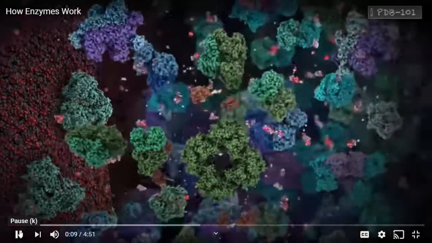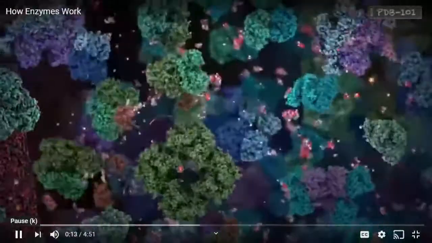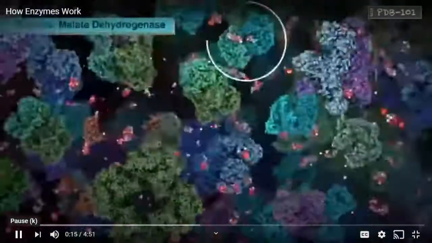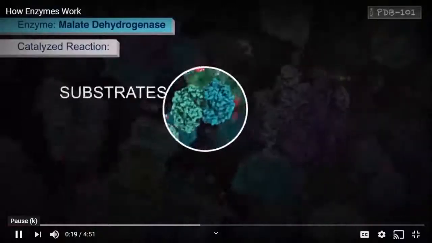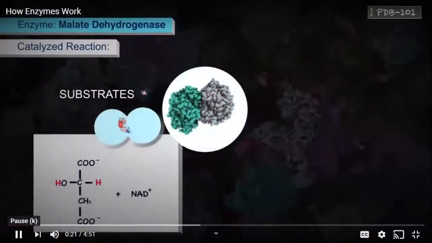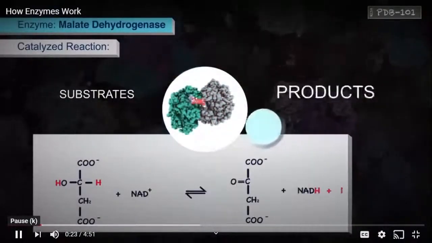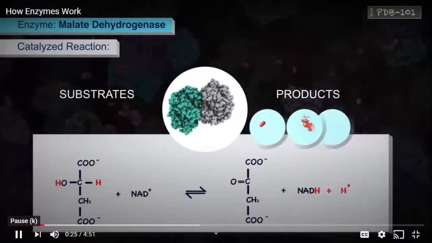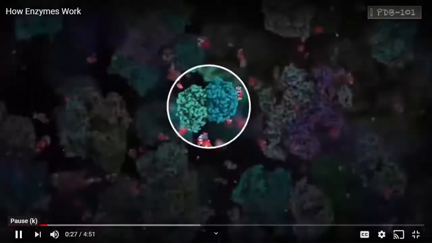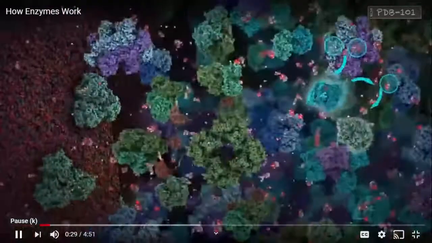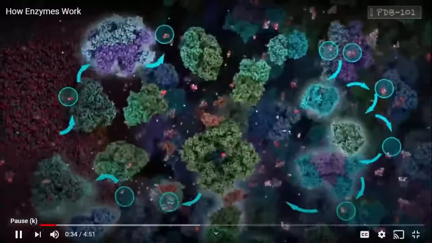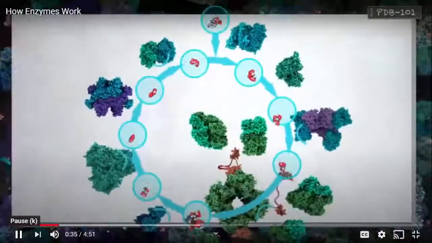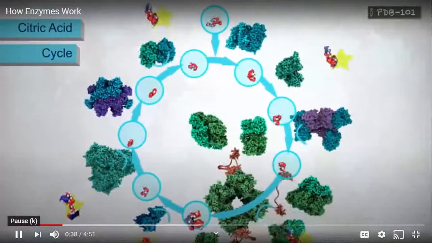These reactions are performed by enzymes. An enzyme is a protein that catalyzes a chemical reaction. It initiates the reaction, speeds up the reaction's progress, and makes sure the outcome is always the same. These enzymes often work together to form longer pathways, such as the citric acid cycle, which is a series of chemical reactions used by cells to generate energy from carbohydrates.